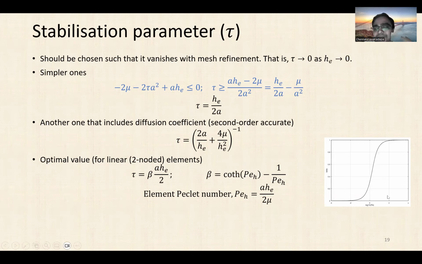And when Peclet number is very high, beta goes to 1, and we have tau equal to AHE by 2. This is again very similar to HE by 2A; they differ by a constant multiple, otherwise they're almost the same.